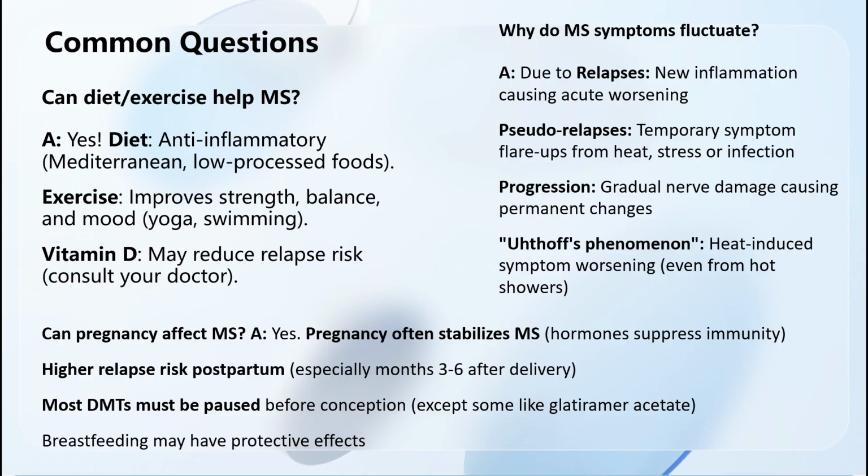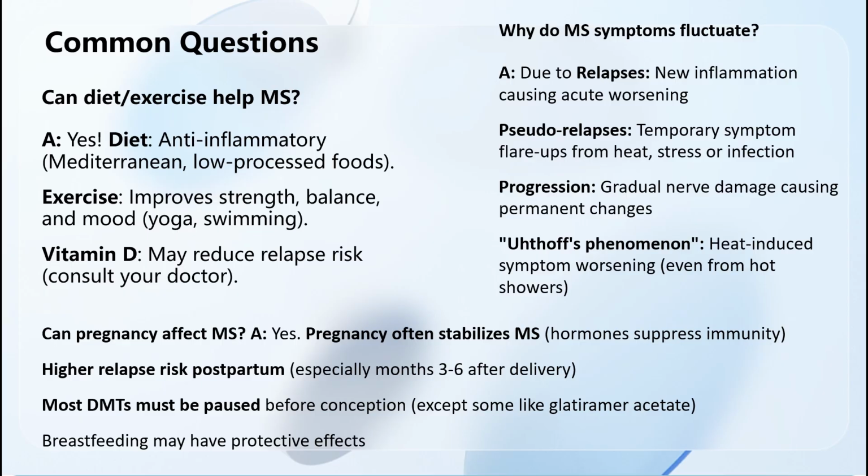Diet definitely does, as an anti-inflammatory diet would reduce inflammation in the neurons and in the central nervous system, and these include Mediterranean or low processed foods. Multiple sclerosis patients can also exercise more, which would improve their strength, balance, as well as their mood. Incorporating vitamin D may also reduce relapse risk, but consultation from the doctor is required.